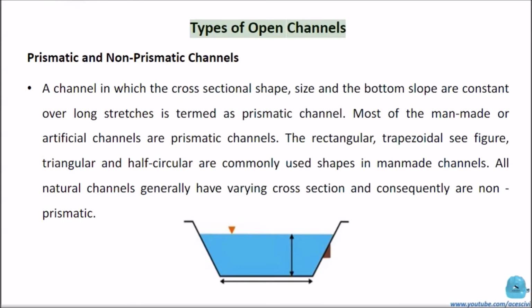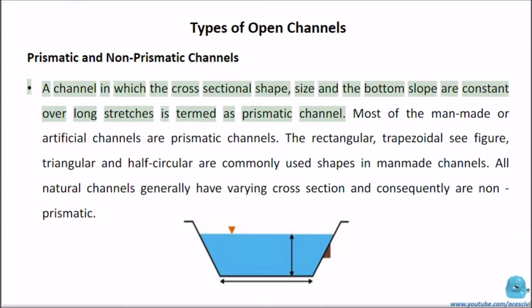Types of open channels: prismatic and non-prismatic channels. A canal in which the cross-sectional shape, size, and the bottom slope are constant over long stretches is termed as a prismatic channel.